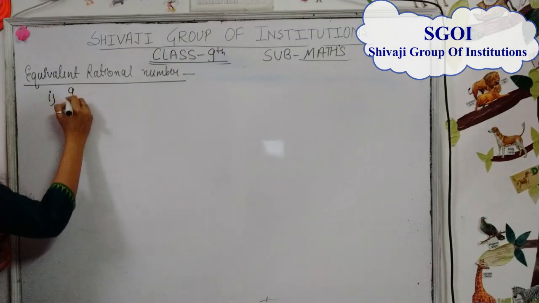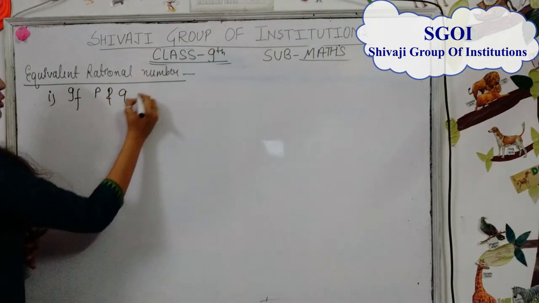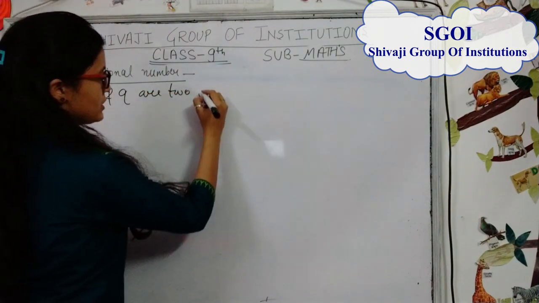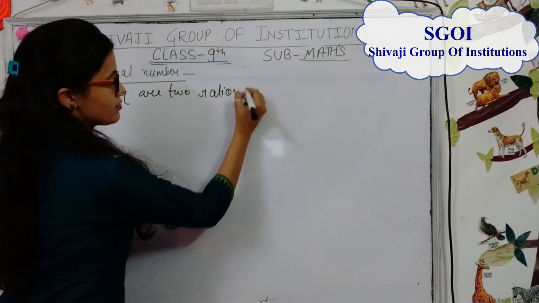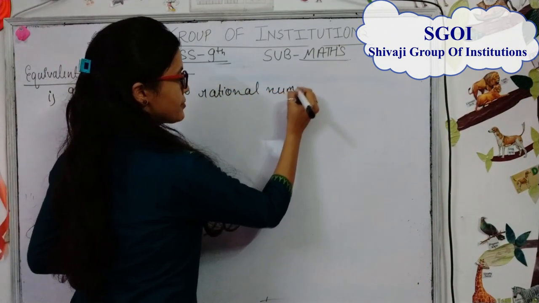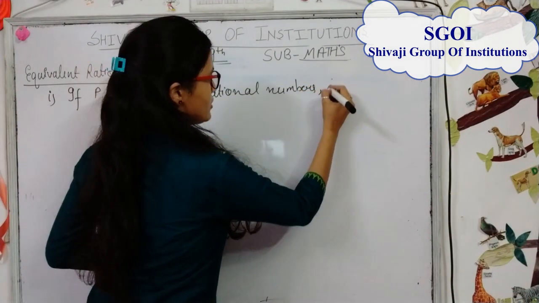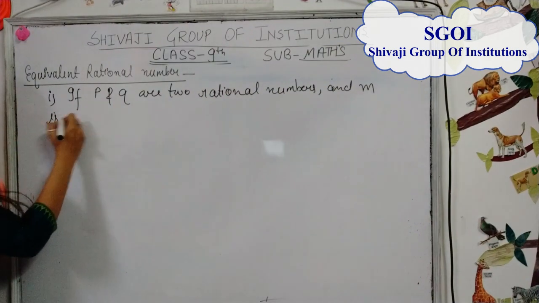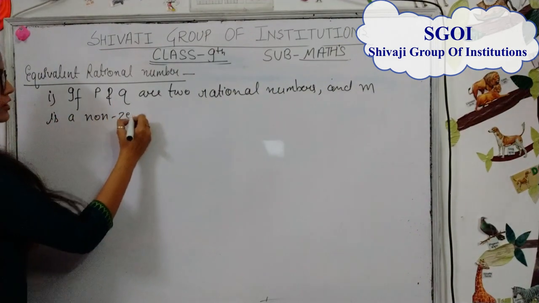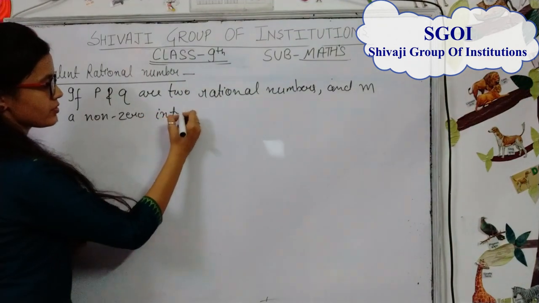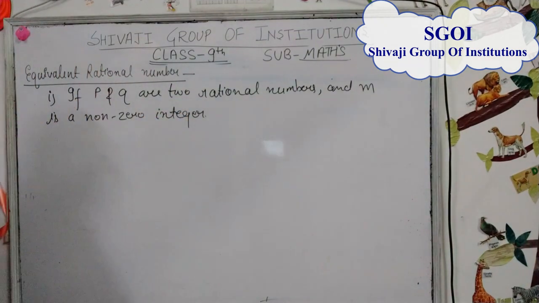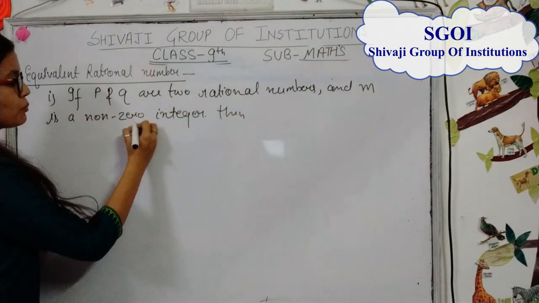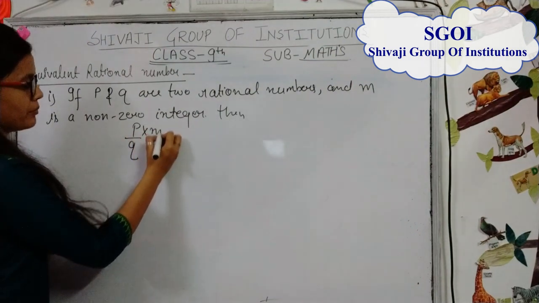If p and q are two rational numbers and m is a non-zero integer, then the equivalent rational number is equal to p times m upon q times m.